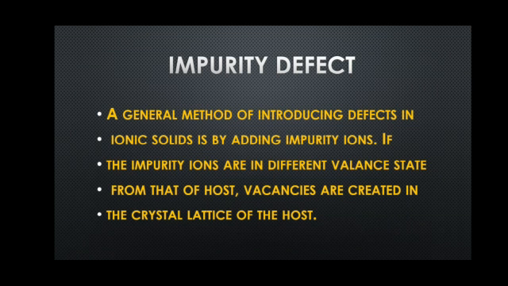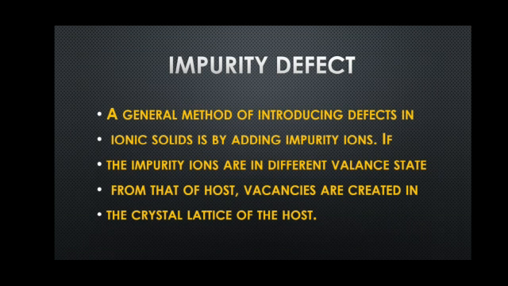If we mix a solution of cadmium chloride into a silver chloride solution, what is the valency of silver? Ag plus. What is the valency of cadmium? Cd2 plus. So the valency varies, Ag plus ion and Cd2 plus ion. When we add cadmium chloride to the silver chloride solution, what happens? The electrical neutrality gets disturbed, because chlorine is Cl minus.